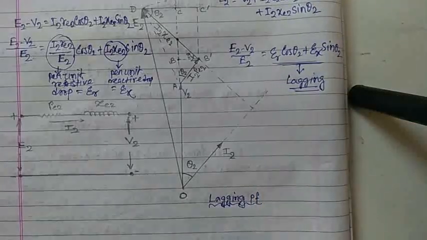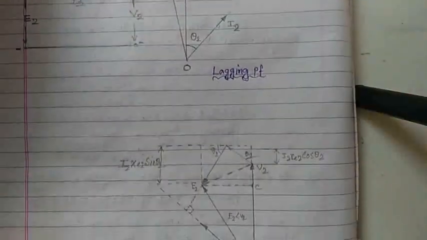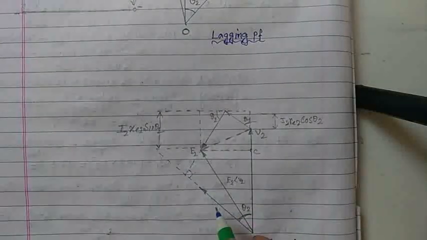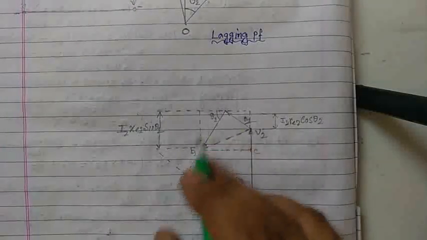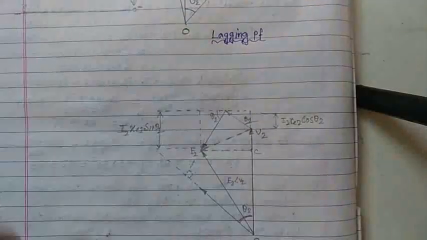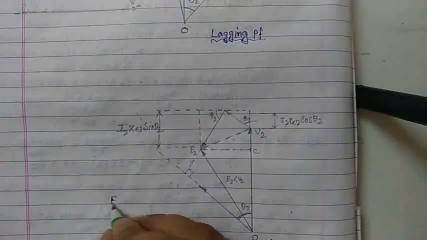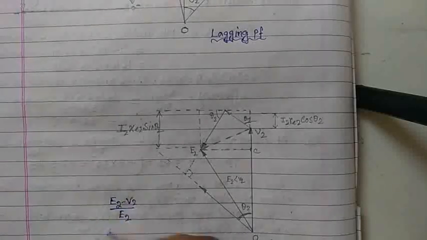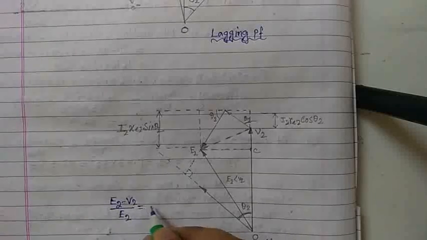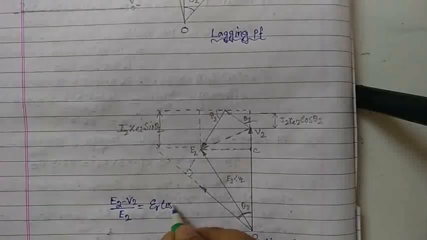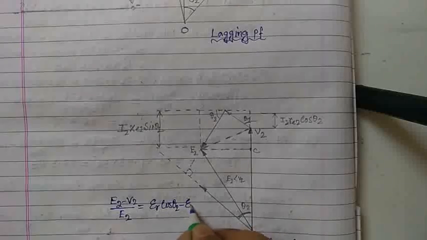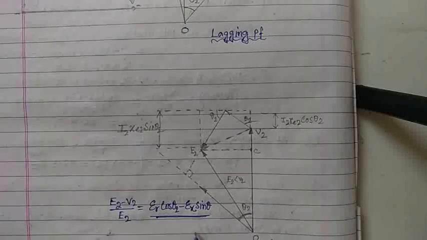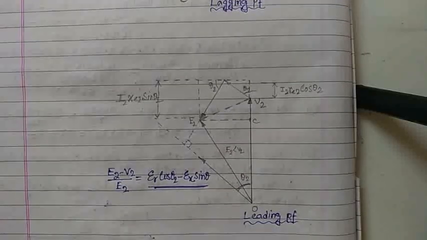Now if I draw the phasor diagram for the leading power factor condition and calculate in a similar manner, the per unit voltage regulation (E2 minus V2) by E2 is epsilon R cos theta 2 minus epsilon X sin theta 2. This equation is valid for the leading power factor.